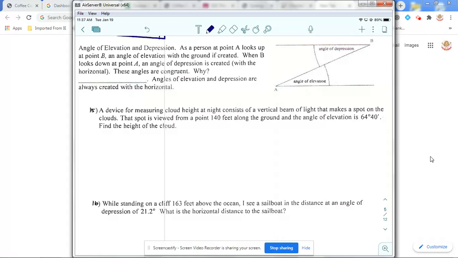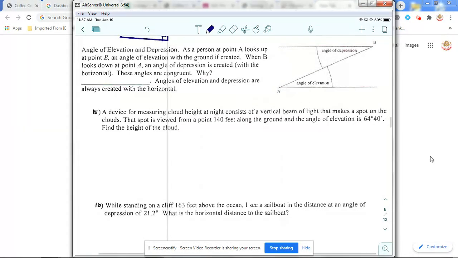This is something a lot of people remember from geometry. We have two horizontal lines that are parallel to each other, and a transversal in between them. What the angles of elevation and depression create are alternate interior angles, and alternate interior angles are congruent.